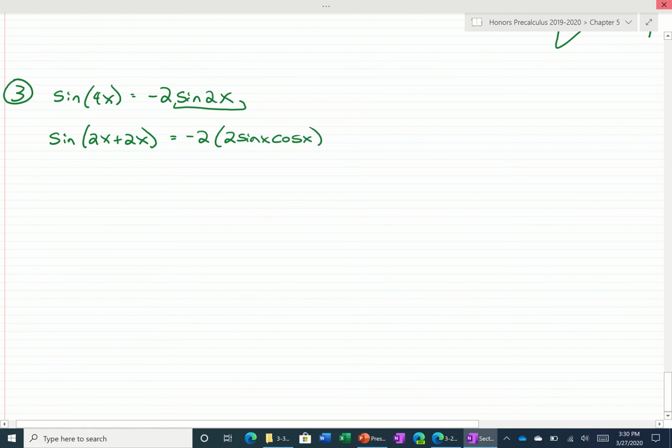The reason why I wrote number 3 like this is because if we use our sum and difference formulas, this one's a little bit tricky, but what we could do is write the sine of the first, cosine of the second, same sign, and then cosine of the first, sine of the second.